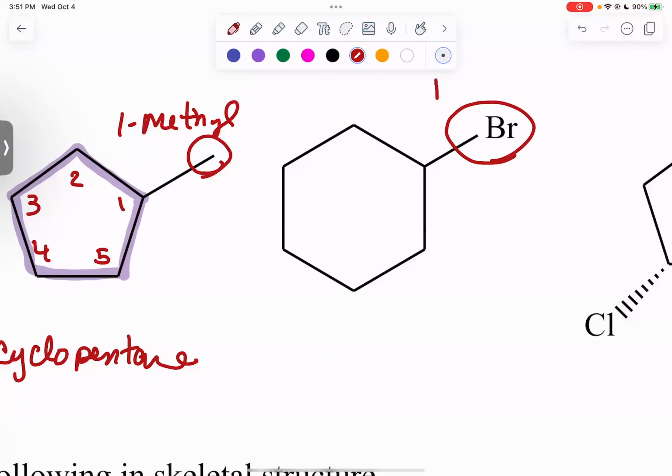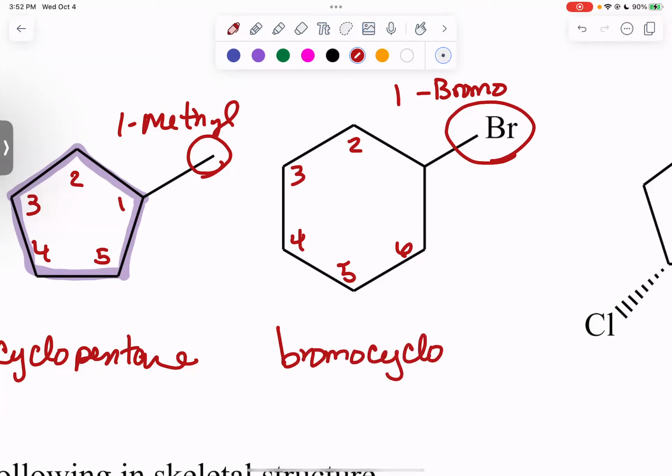That 1 substituent is a bromo, and that bromo has to be at the lowest number possible, which is 1. So 2, 3, 4, 5, 6. We got 6 in the ring. So this would be 1-bromo, but we don't write the 1. So just bromocyclo, and then it's 6, so hexane.